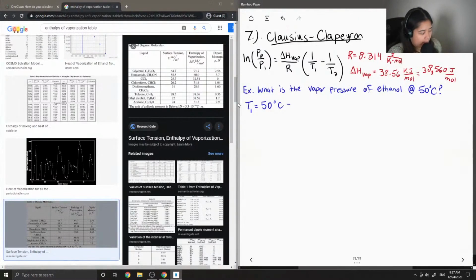So if we add 273.15, we get T1 is equal to 323.15 Kelvin.